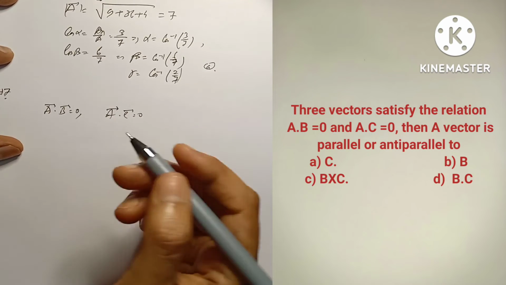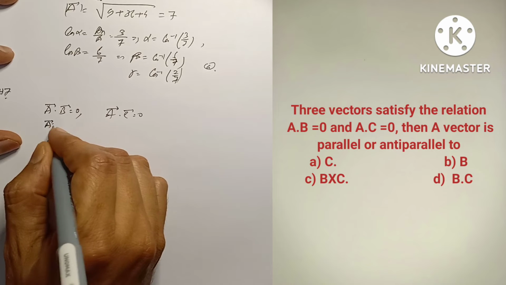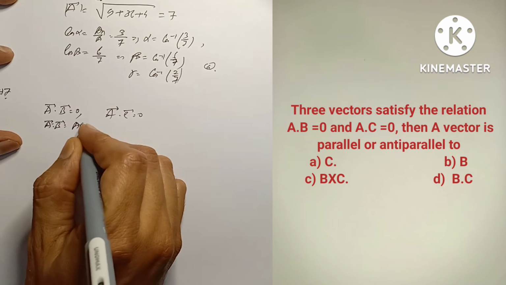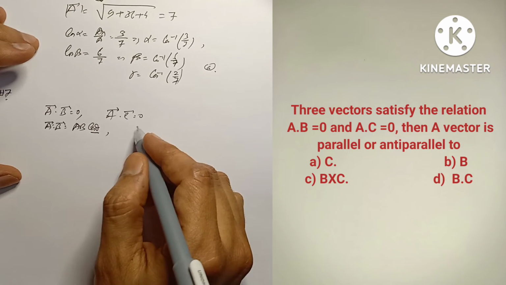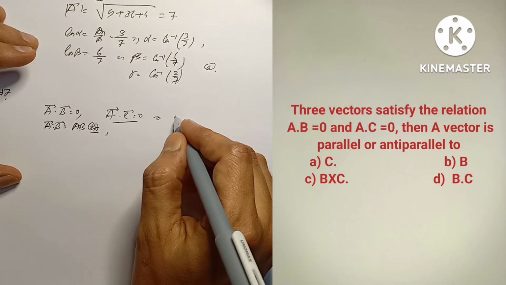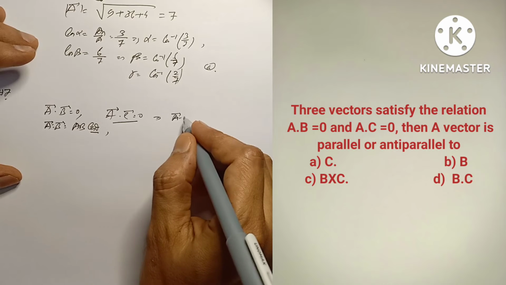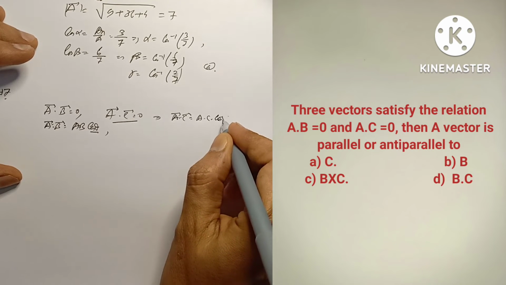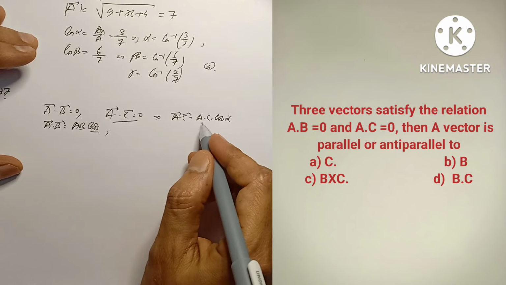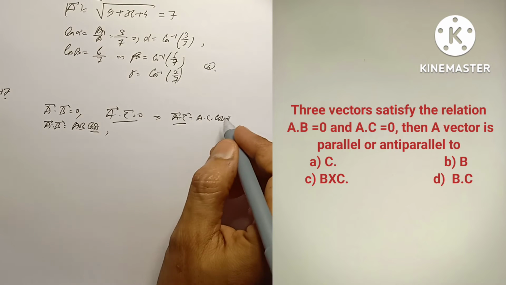From the dot product formula we get a vector dot b vector equal to ab cos theta, where theta is the angle between a and b. And similarly, a vector dot c vector equal to ac cos alpha, where alpha is the angle between a and c.